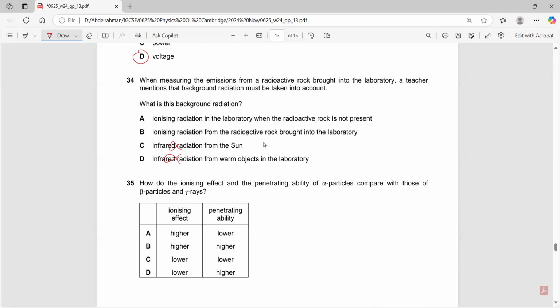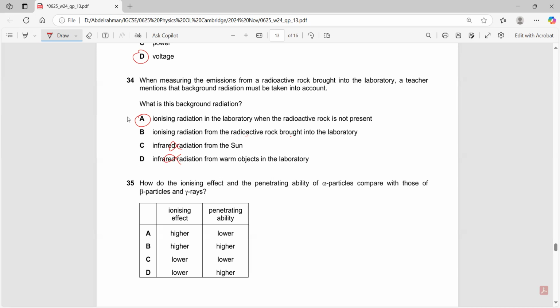Ionizing radiation from the radioactive rock brought into the laboratory, or ionizing radiation in the laboratory when the radioactive rock is not present. Yes, the background radiation is the amount of radiation that is already present without any other radioactive sources. It is there due to naturally occurring objects such as the sun, the trees, the food, the drink, whatever, without any other radioactive sources.